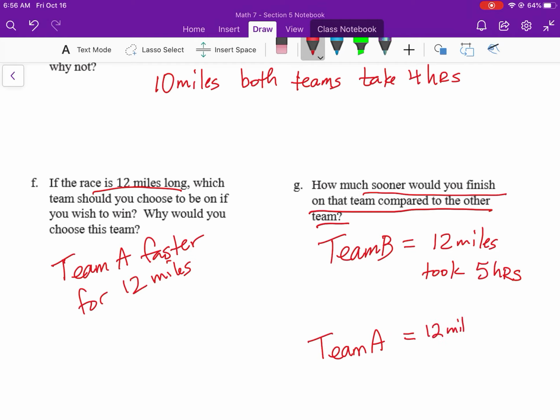So this one I'm going to do my 12 miles divided by my rate, which was 2.5, and I didn't do this ahead of time. So let me get my calculator out and say 12 divided by 2.5, and I get 4.8 hours. So Team A took 4.8.